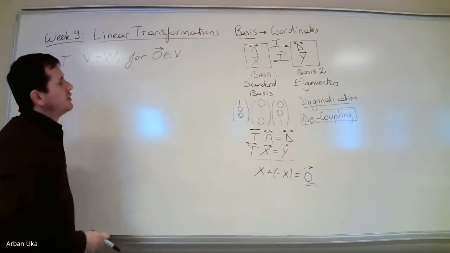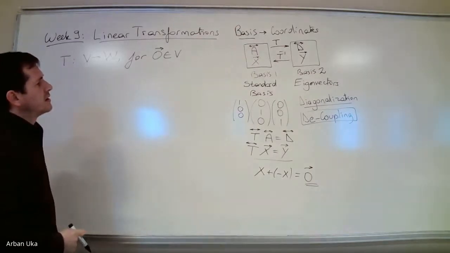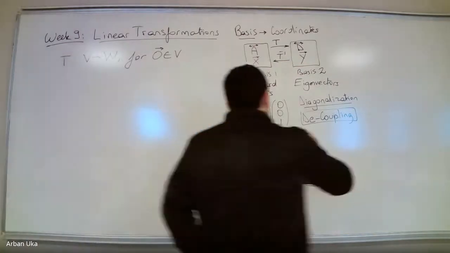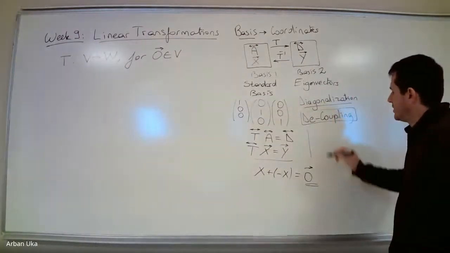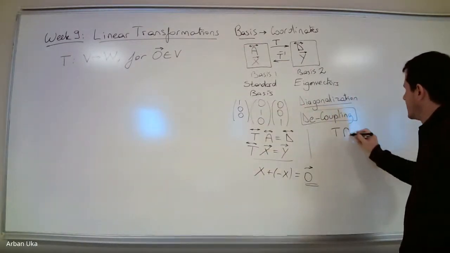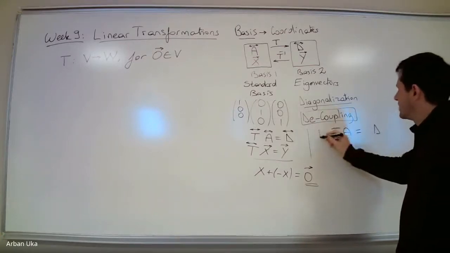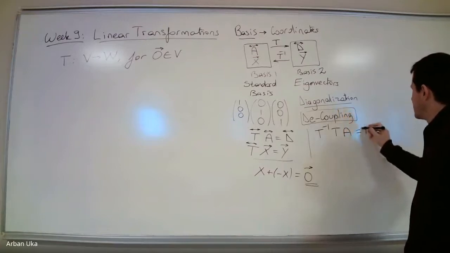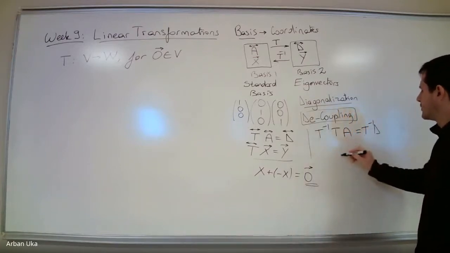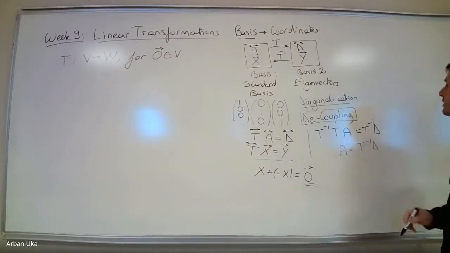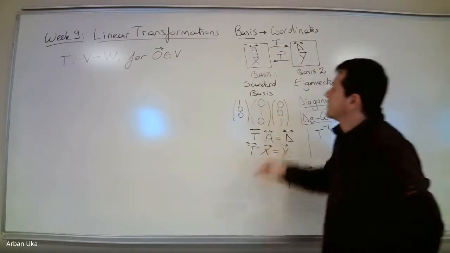Now, the moment that we want linear transformations and inverse linear transformations, the inverse can be defined like this. Imagine for a moment, TA would be equal to D. We can multiply both sides with T inverse, right? And then we will get that A itself would be equal to T inverse times D, which means that we can come backwards like this.